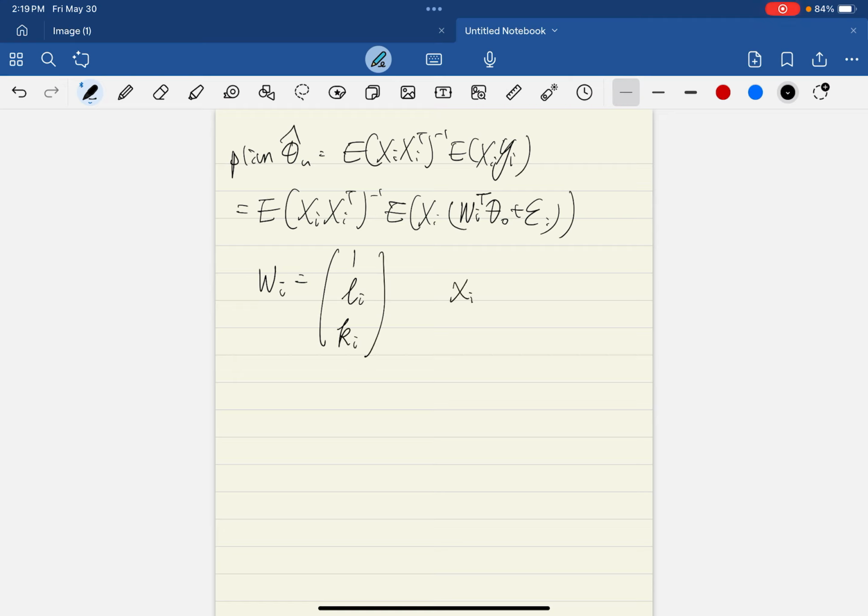Remember, x is a constant, labor, and a measure of capital. So the difference is that w is the true but infeasible, while this is observed, observed with error.